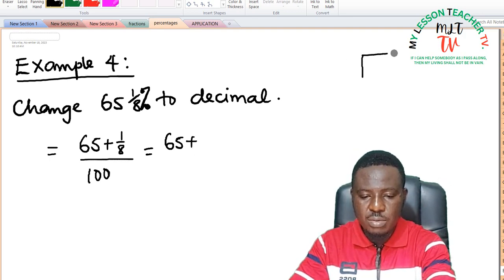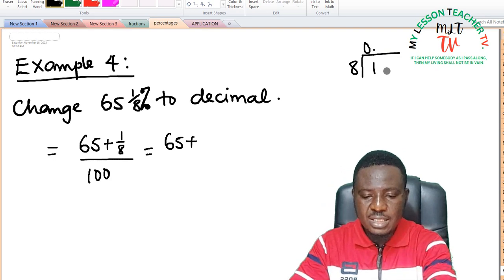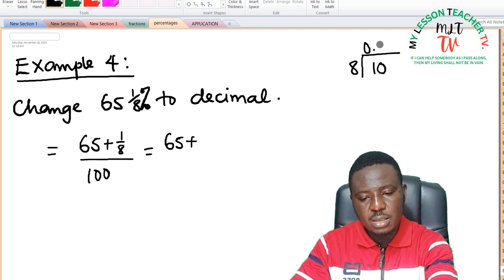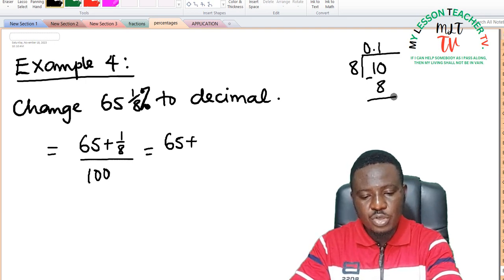Using your long division, 1 divided by 8. 8 into 1 you cannot, you write down 0 and add 0 to this. This becomes 10. 8 into 10 is said to be 1. 1 times 8 is 8. When you subtract, it gives you 2. Add 0 and divide by 8.